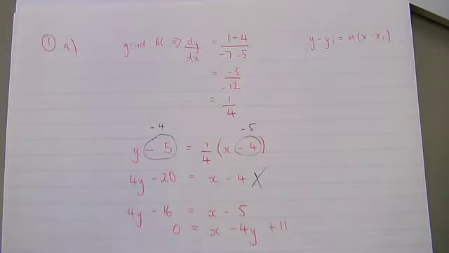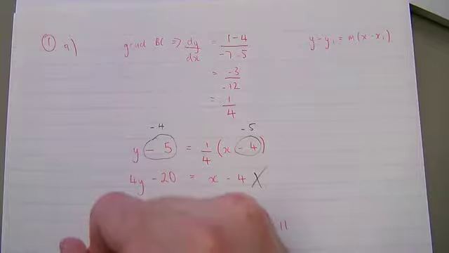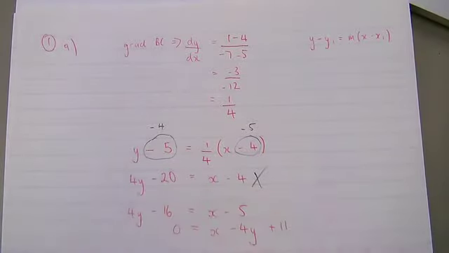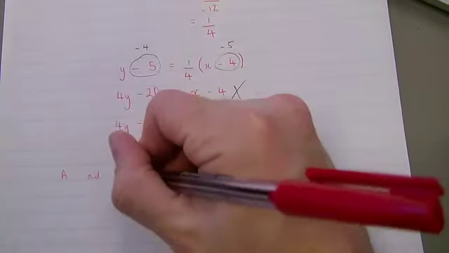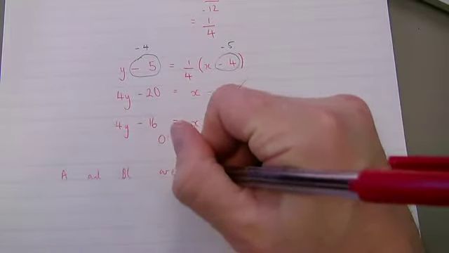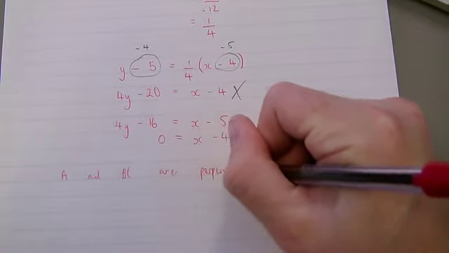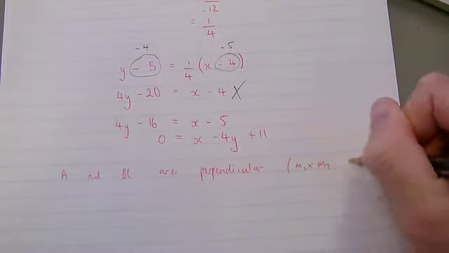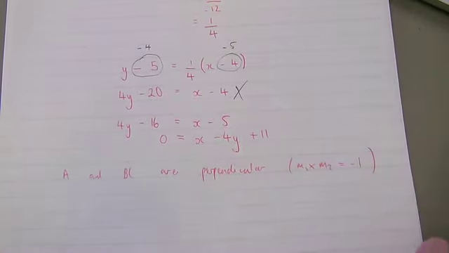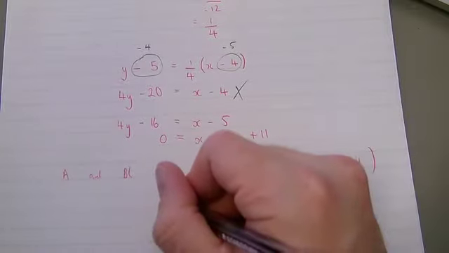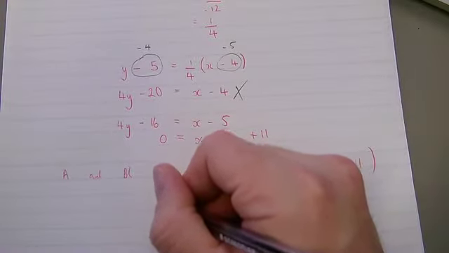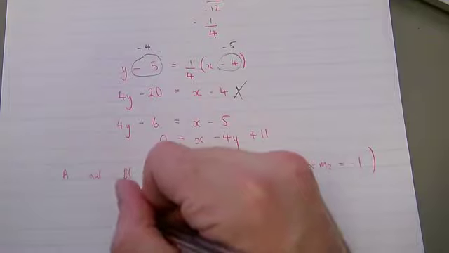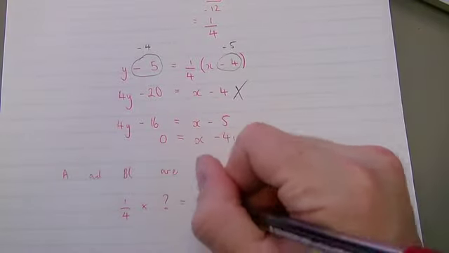Oh, not quite. I've got to find the equation of AD. Now this is when that condition of AD and BC being perpendicular comes in. That tells me that their gradients must times together to make minus 1. Now I already know that the gradient of BC is a quarter, so times by what must equal minus 1?